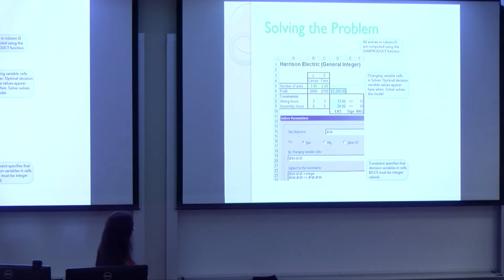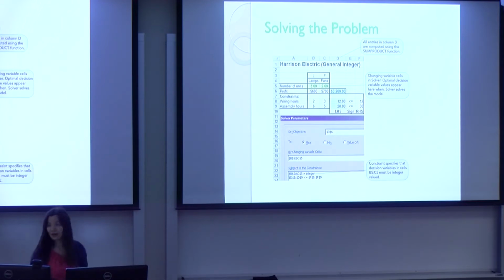And then, as I explained here, this is the additional constraint, adding this B5. So the cells highlighted in yellow, B5, C5 equal to integer. That's the only difference. Are we good? Yes? Okay.